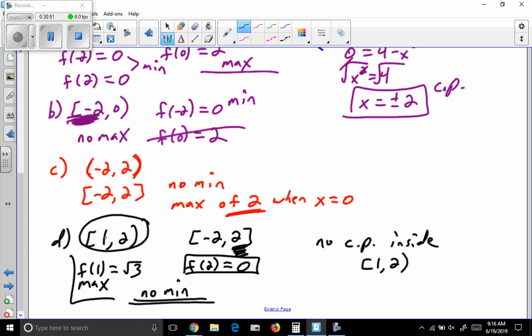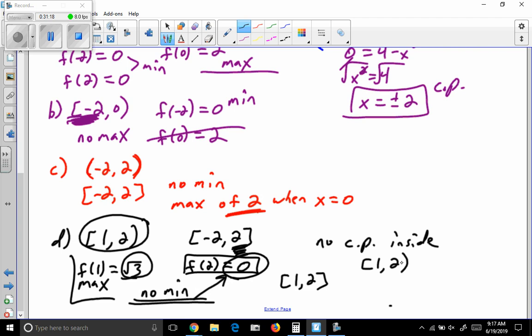When x is 1, we got root 3. When x is 2, we got 0. So this would have been the maximum, and this would have been the minimum if we would have included the right side. But since we don't include the right side, there is not a point where the minimum is, so there is no minimum. There is a point where the maximum would be, so there is a maximum.